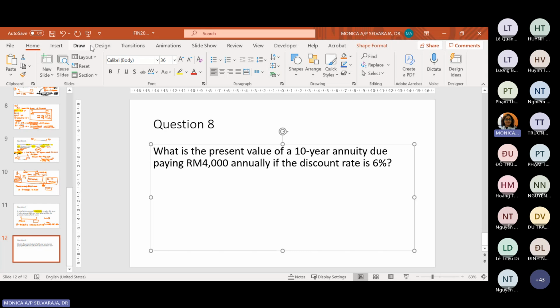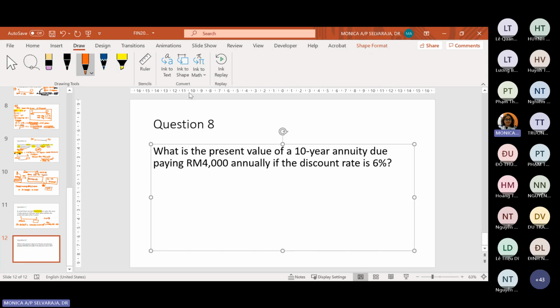The present value for a 10-year annuity due paying 4,000 annually. Can you look into it?